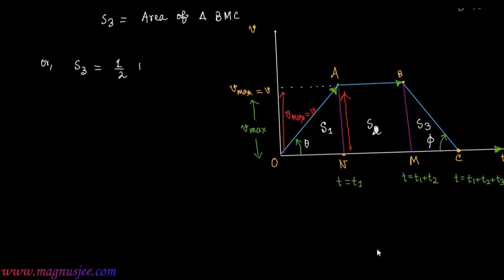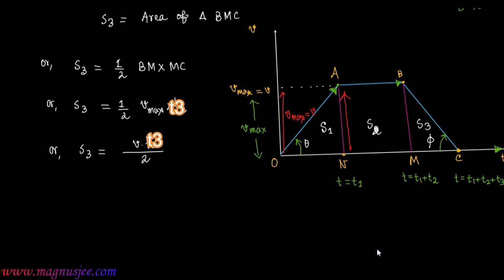S3 is equal to half perpendicular BM into base MC, or S3 is equal to 1 by 2 Vmax into T3. T3 is the time interval in which the train decelerates, and finally we get S3 as equal to Vt3 divided by 2, which is equation 3.